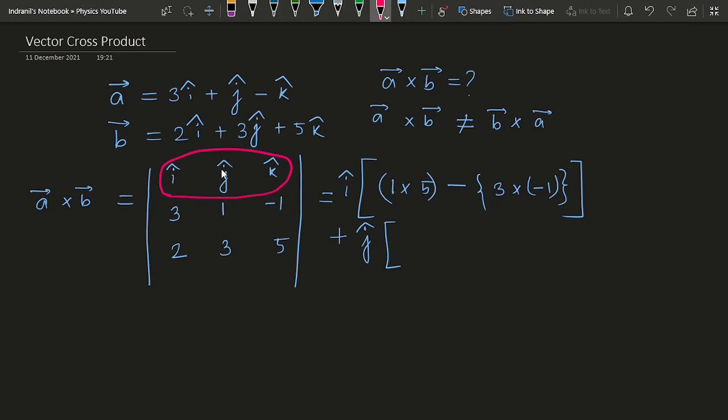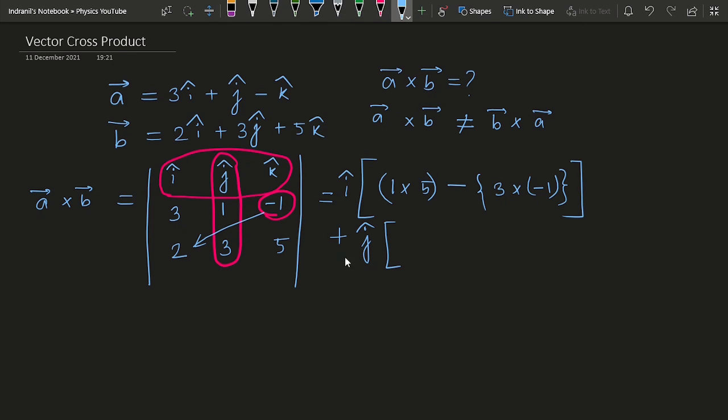At first we fix this column, and then we start here with the last element, which is -1. We do the same thing: we start with this -1 and go to the bottom left, which is 2, because here we have fixed the j cap column, so we will not take anything in this column.